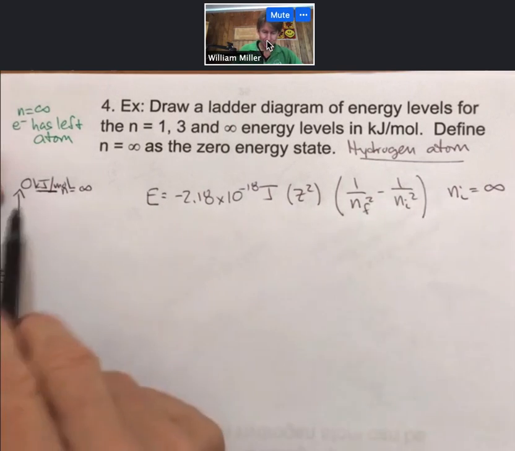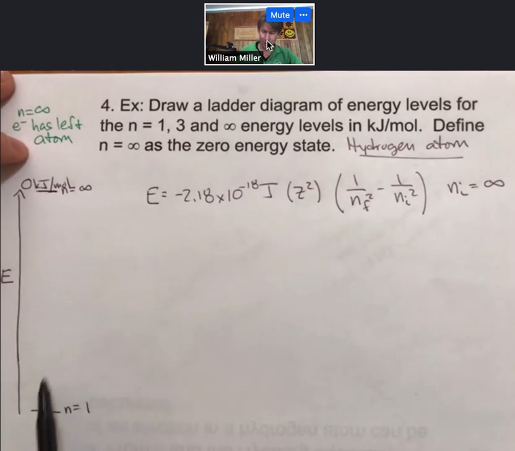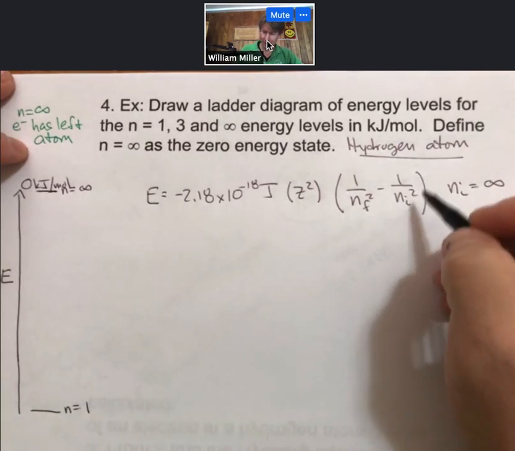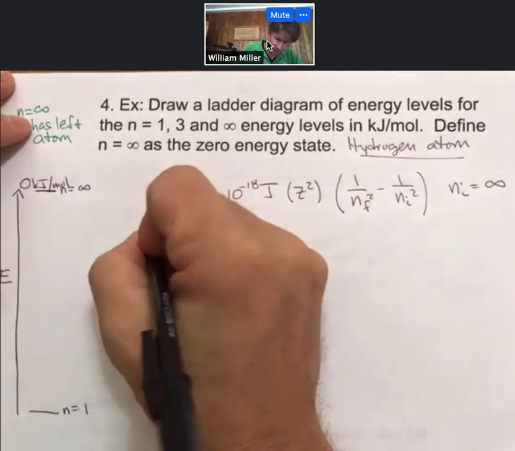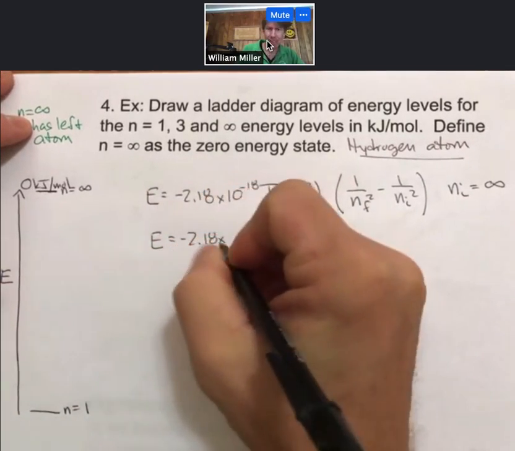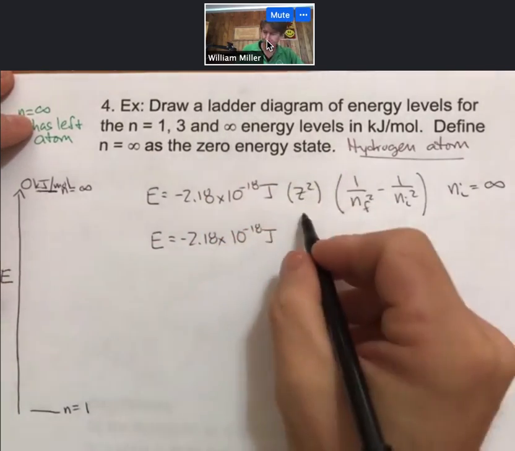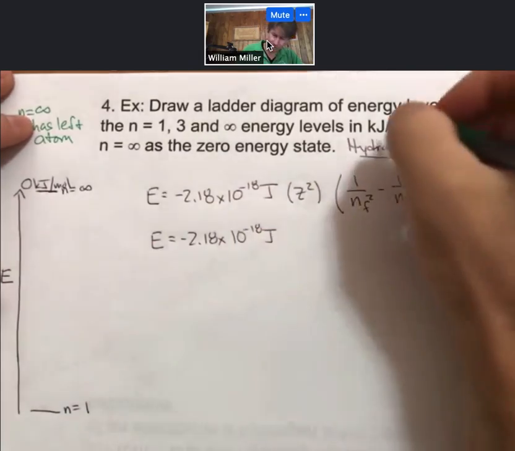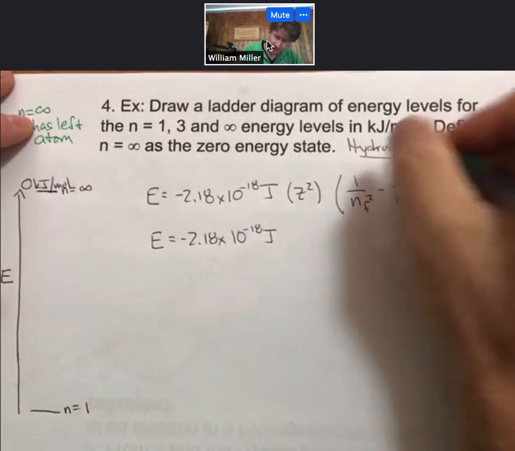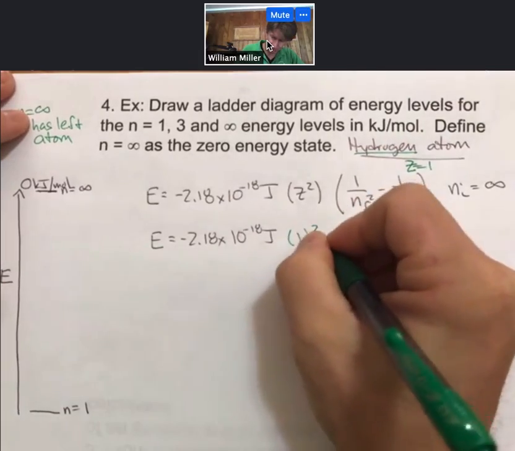And that means that if we start here and we think about the energy going down, we can eliminate this second term, and we're left with E equals minus 2.18 times 10 to the minus 18 joules. Z equals 1 for hydrogen. So this just becomes 1 squared.